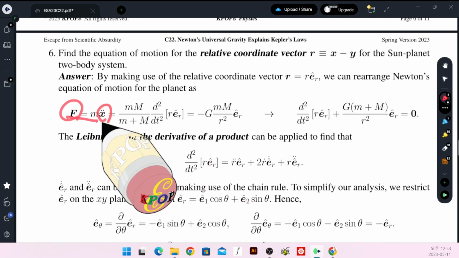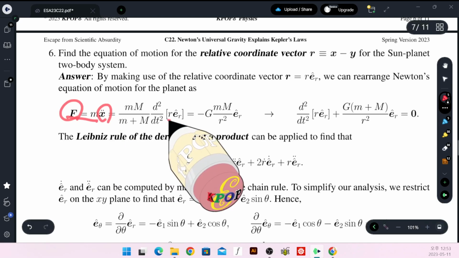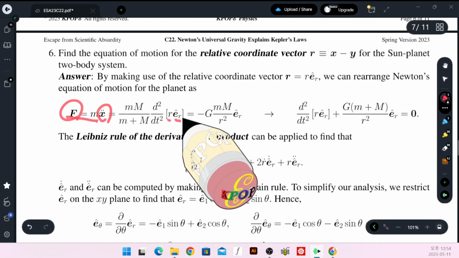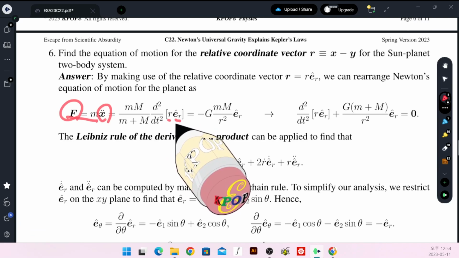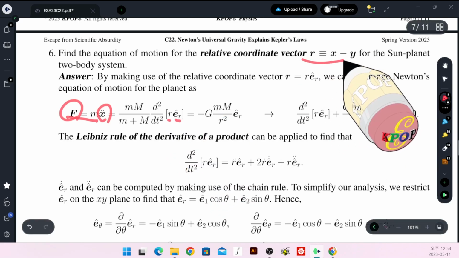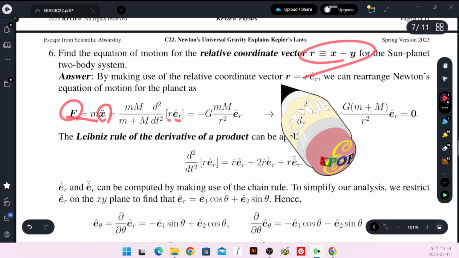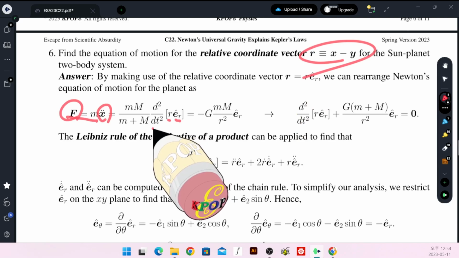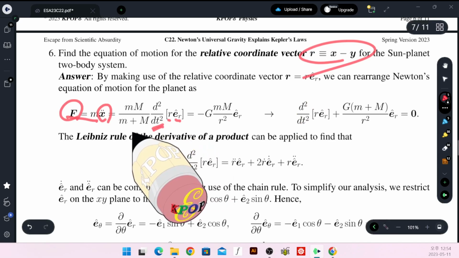And why don't we express it in terms of a polar coordinate system? We have a radius, e_r hat, that is the unit radial vector, the unit vector along the displacement from the sun to the earth. We take the second order derivative.